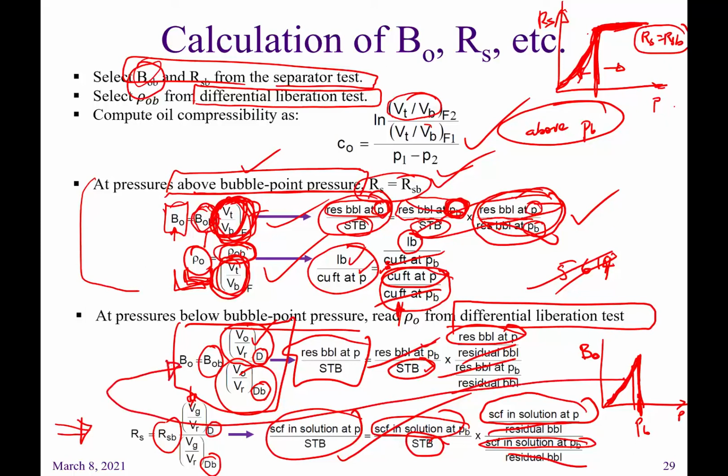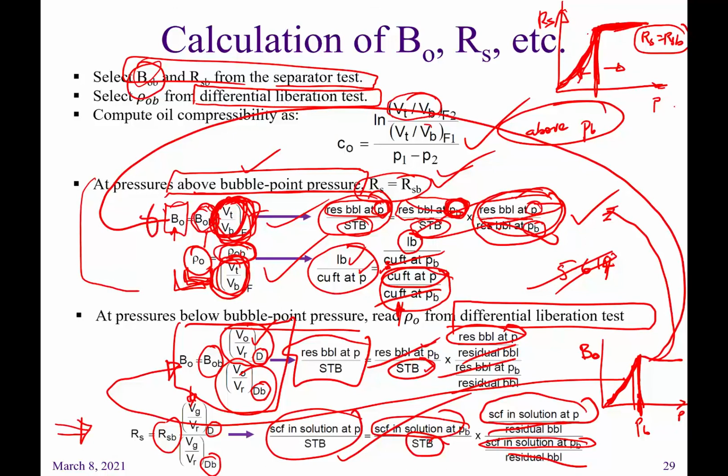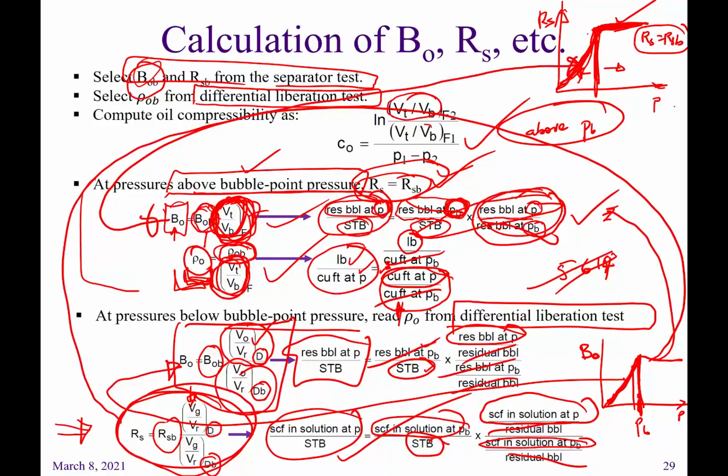This equation. Above PB, this part comes from this equation, which is right here, right? For RS, I already said this is constant, right? That's what this is. But below bubble point pressure, it's this equation right here. That's what gives you this part of the curve.